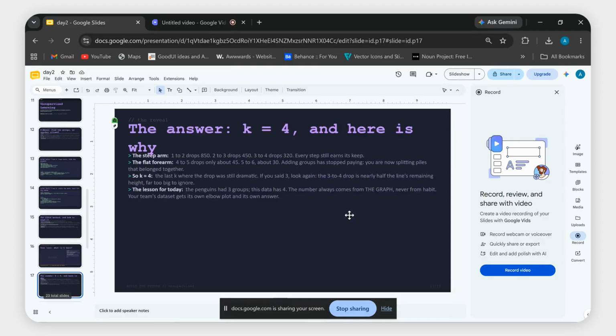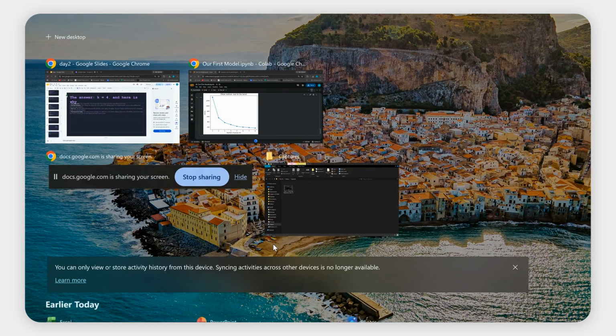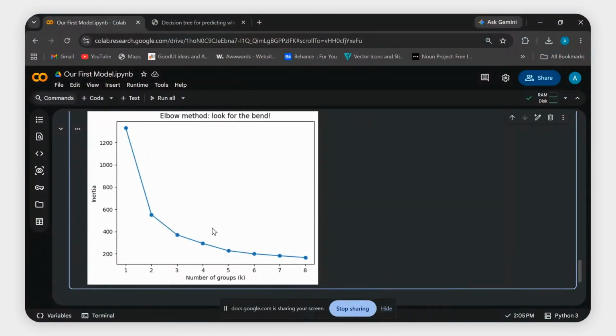So what is k? Well, k equals 4, and here is why. Let's go back to our elbow. Look at the step from 1 to 2: the inertia drops by 850.